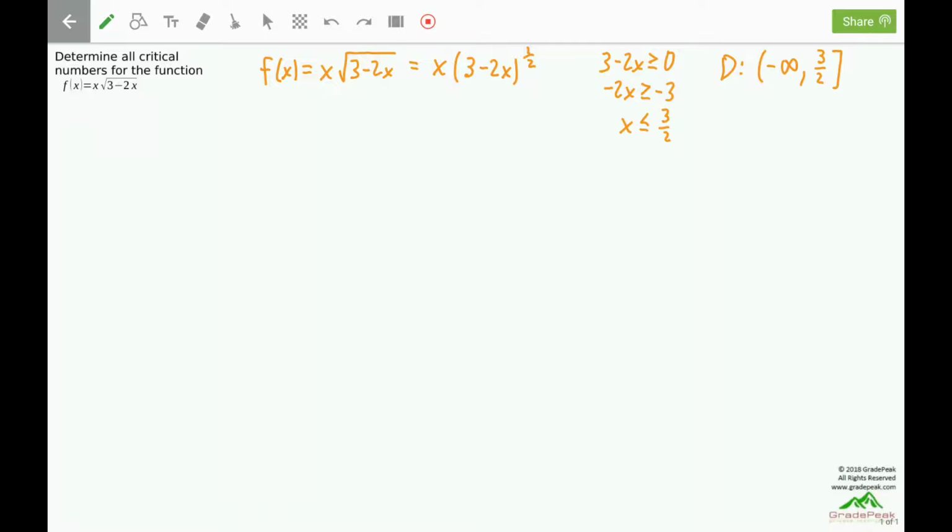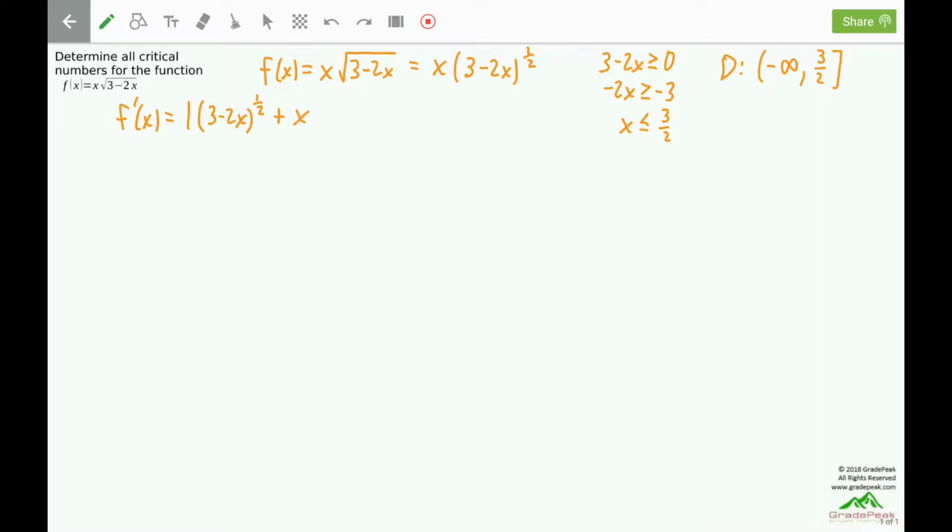The next thing to do is find the derivative, f prime of x. F of x is a product of x times 3 minus 2x quantity to the 1/2. So we use the product rule. Derivative of the first, derivative of x is a 1, times the second left alone, 3 minus 2x to the 1/2 power.